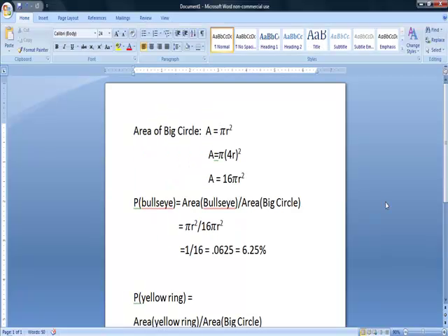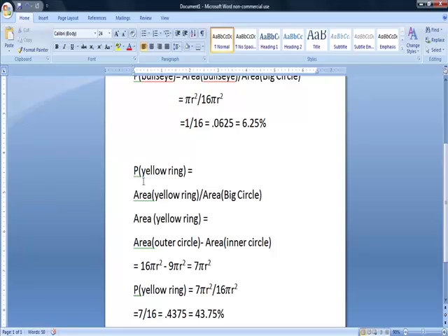Okay, and that's what I did here. So my probability of landing in that yellow ring is the area of the yellow ring divided by the area of the big circle. But first we have to get the area of the yellow ring. To get it, we take the area of the outside circle minus the area of the inside circle. Thankfully, we already figured out the area of the outside circle. That was 16 pi r squared.